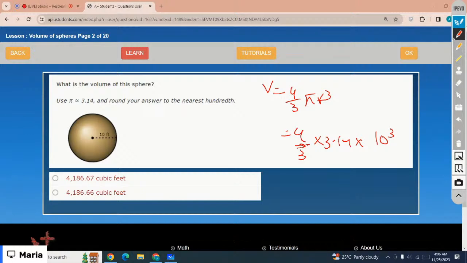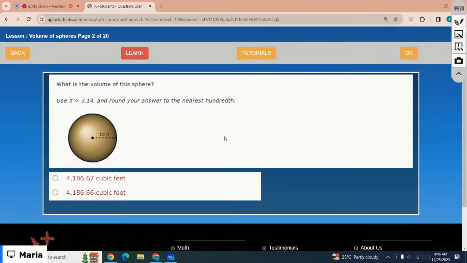So the correct option is 4186.66. Option number one is the correct option. You have to round off the number to the nearest hundredth. So when you round off 6, that would be rounded up to 7. So option number one is the correct option, that is 4,186.67 cubic feet.